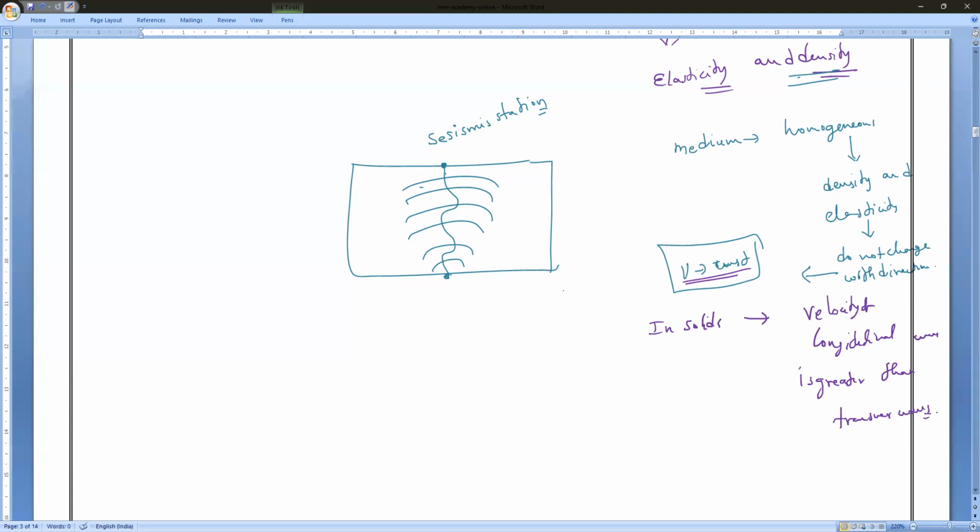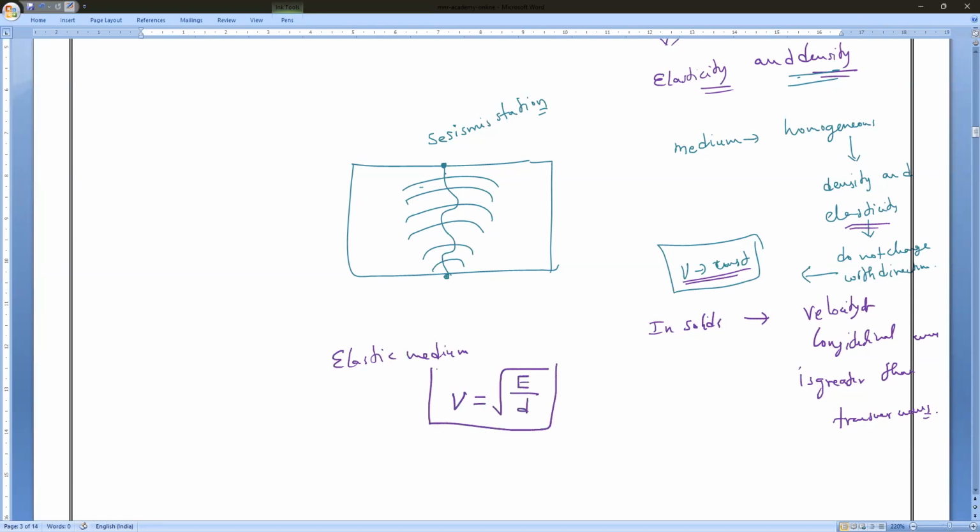Based upon this observation, elasticity as well as density, Sir Isaac Newton gave a mathematical expression for the velocity of a wave in an elastic medium. In an elastic medium, the wave speed is v = √(E/D).